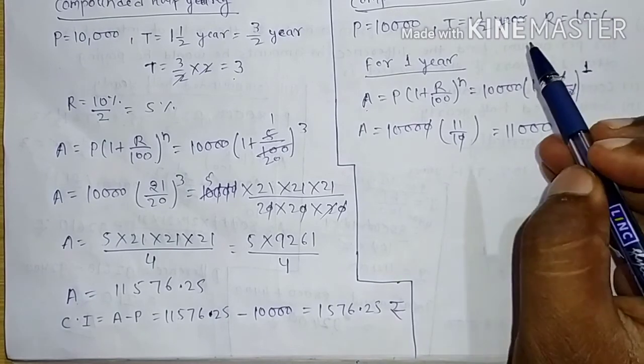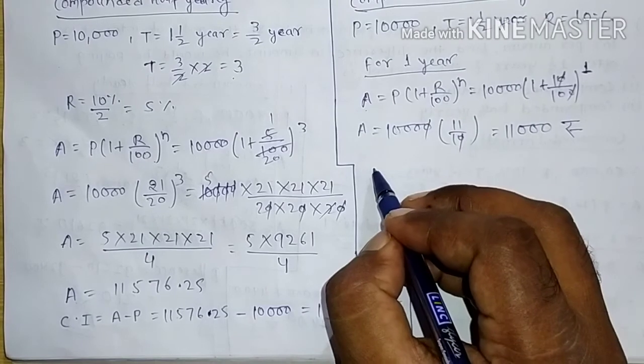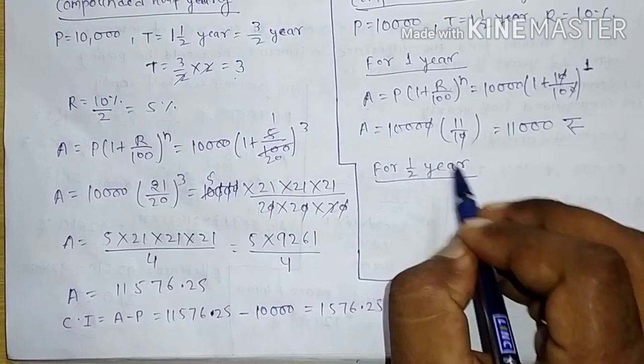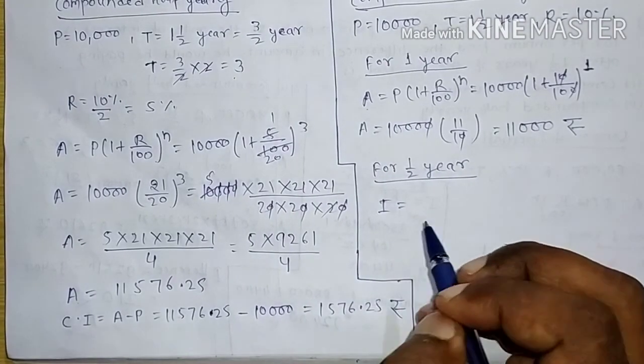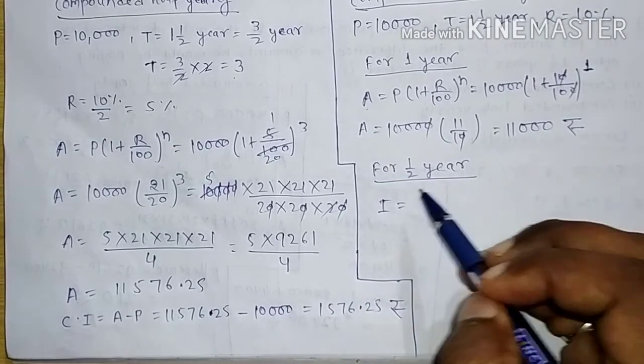Now we have to find the interest for half a year also. For half a year, interest equals PRT upon 100. So here the amount, that is 11,000, becomes the principal of the next half year.